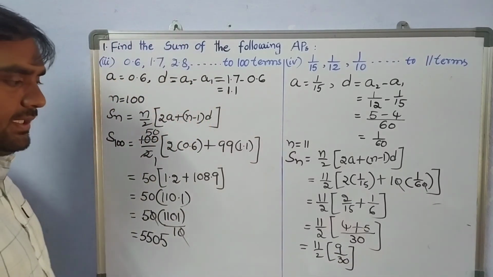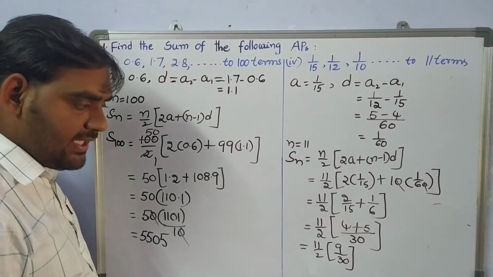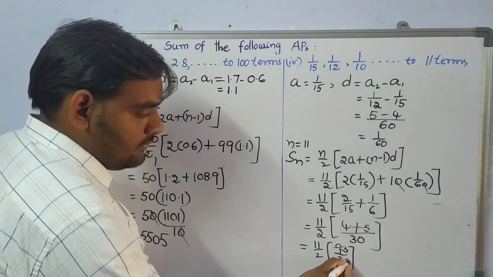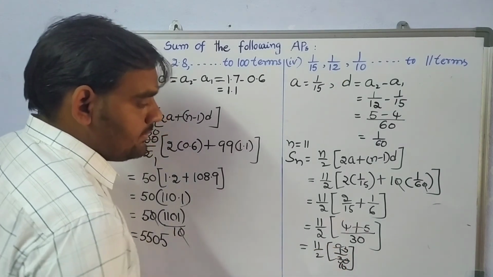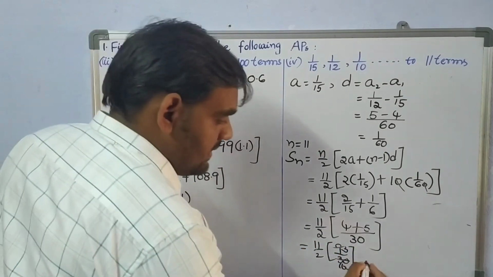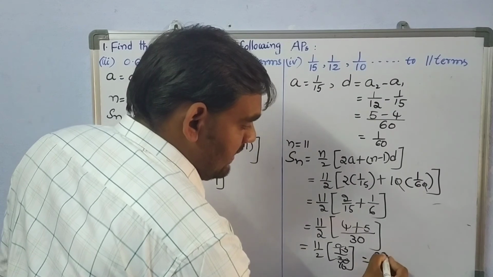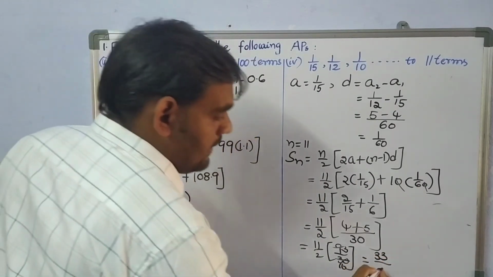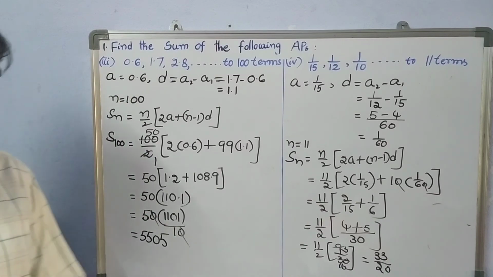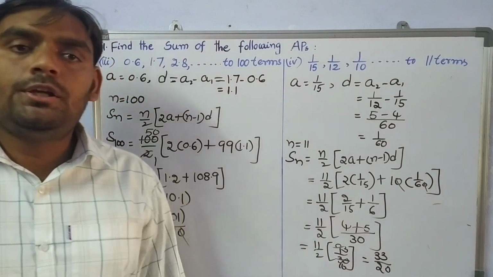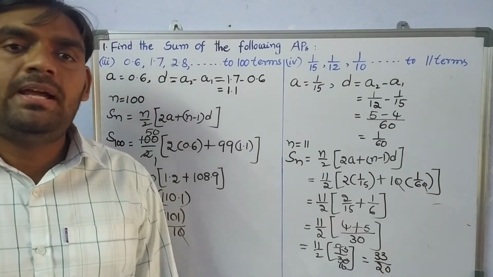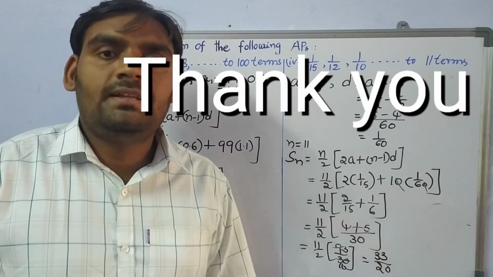See here, by using the 3 table we can cancel. 3 3s are 9, 3 10s are 30. 11 into 3, 33 by 2 into 10, 20. 33 by 20 is the answer. Or else we can convert this into a mixed fraction, no problem at all. So here the value is 33 by 20. Okay, thank you.